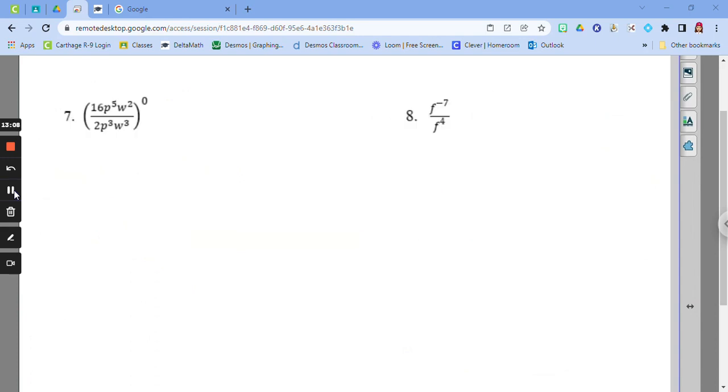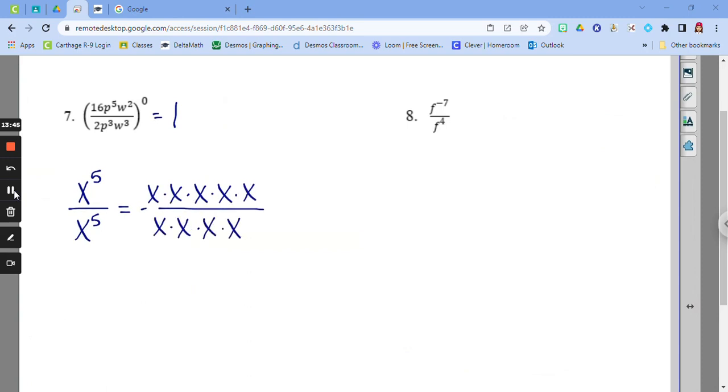Okay. Well, on 7, the 0 exponent says we have nothing there, right? So anything to the 0 power is 1. Okay. So again, keep in mind, this is division, right?